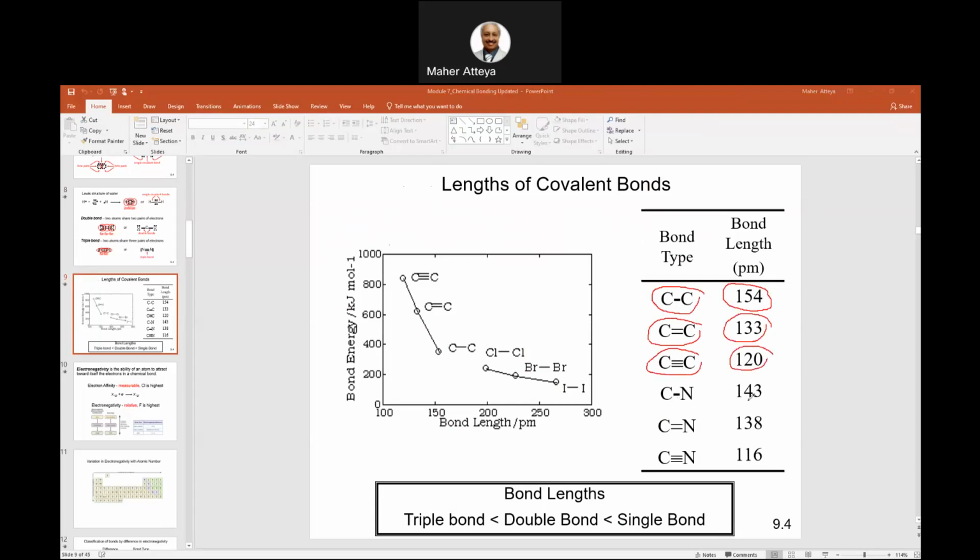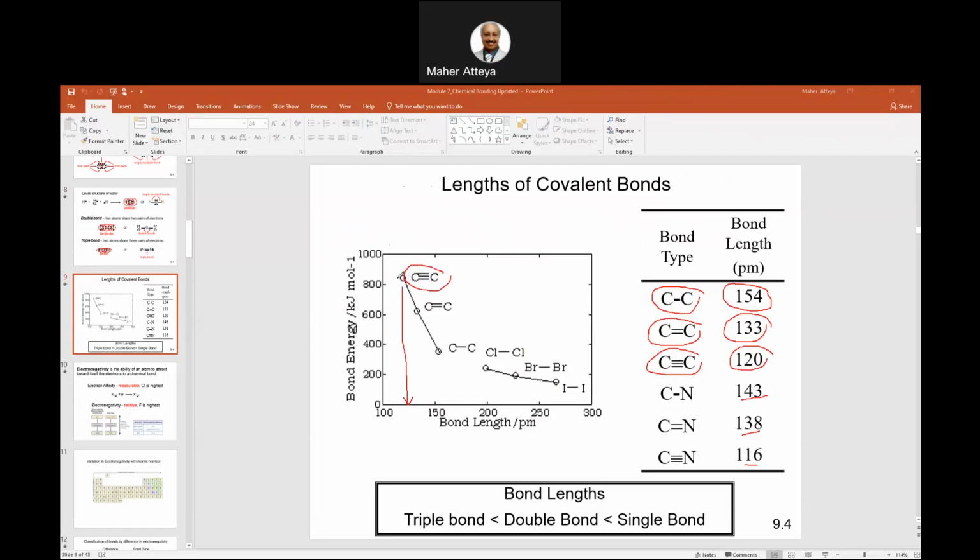Now with nitrogen, this is the amount, the length. And if you look at the energies here, the triple bond here, correct? The bond length is here, which is 120.